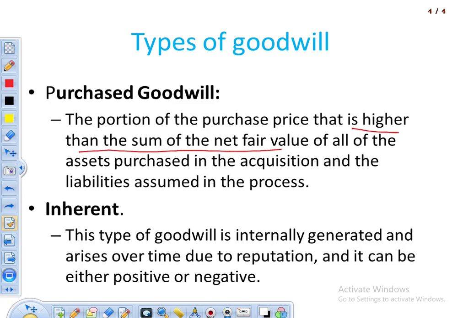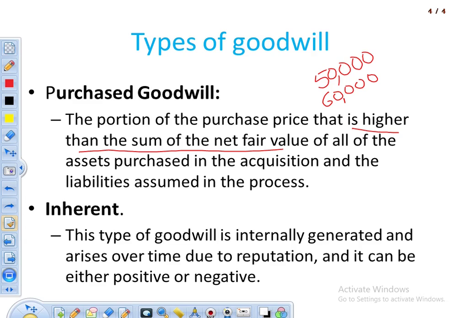So let's say the business has a value of altogether 50,000, but if we end up paying 60,000, then this extra 10,000 that I'm paying is actually for the goodwill. So it is called purchased goodwill.